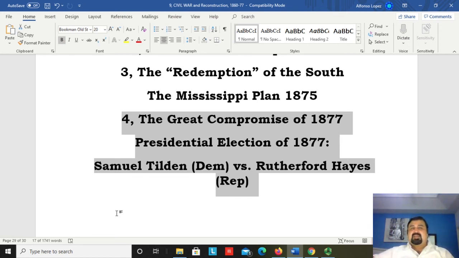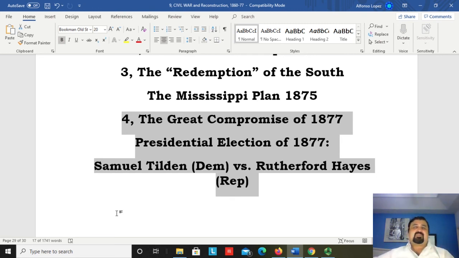In this presidential election, the Democrats nominated Samuel Tilden, a Southerner, and the Republicans nominated Rutherford Hayes, a Northerner. It came very close, so close that this was a contested election. In other words, people needed to run recounts in several states, particularly in the southern states, just to verify who had the majority, by a few hundred votes.